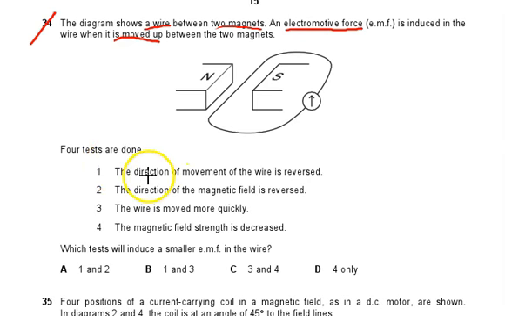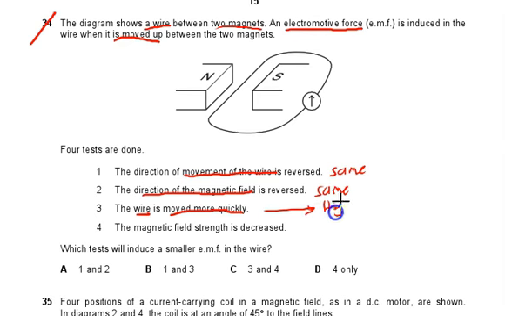You have direction of the movement reversed, direction of the magnetic field reversed, wire is moved more quickly, so this is the same magnitude, and this one is higher magnitude.